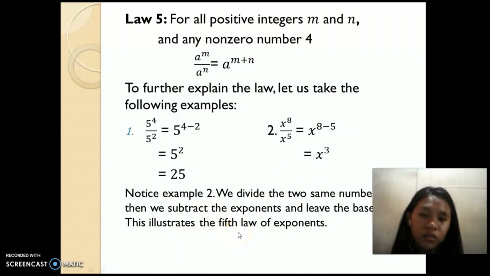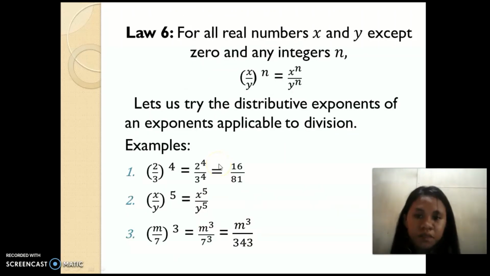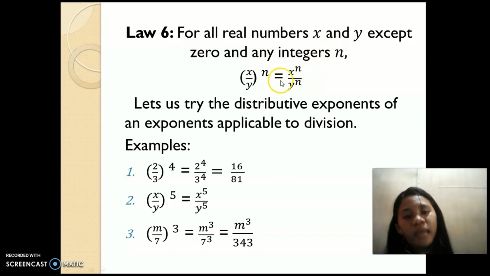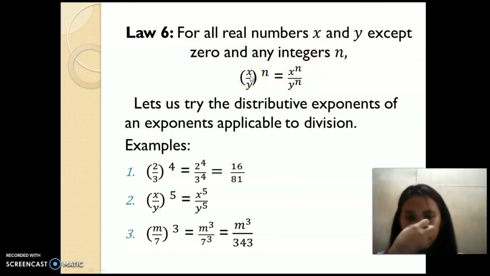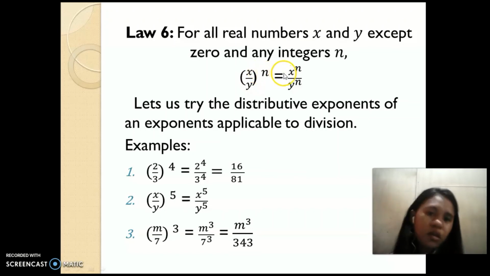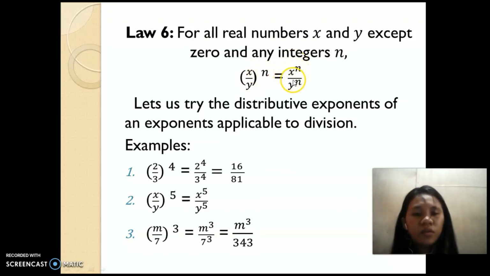Next we have law number 6. For all real numbers x and y except 0, and any integer n, (x over y) raised to n is equal to x raised to n over y raised to n. Let us try the distributive exponent applicable to division.